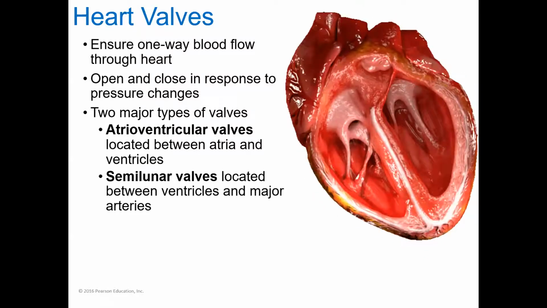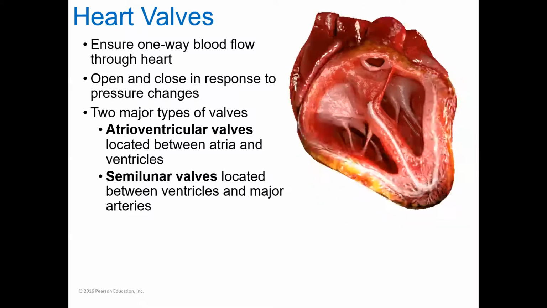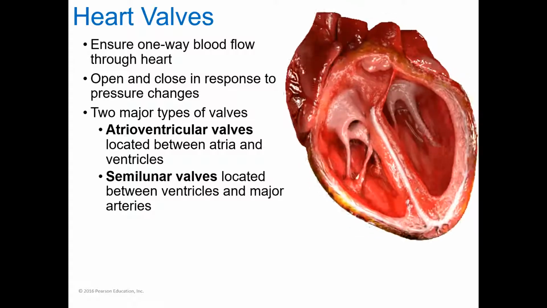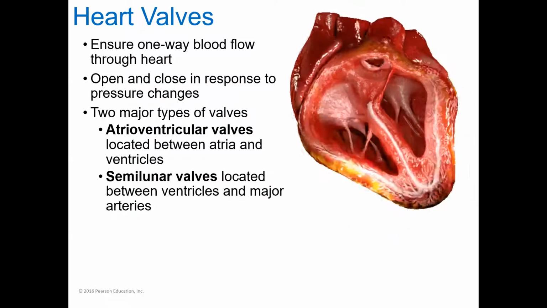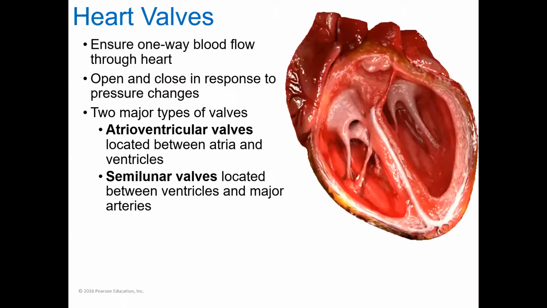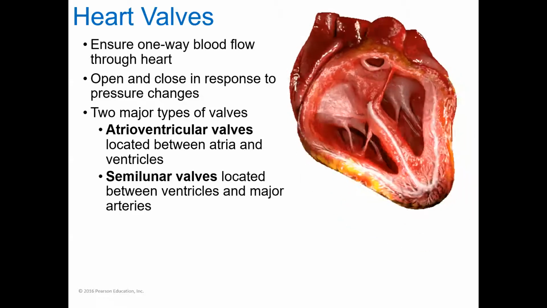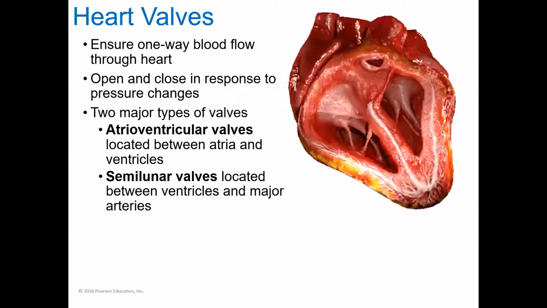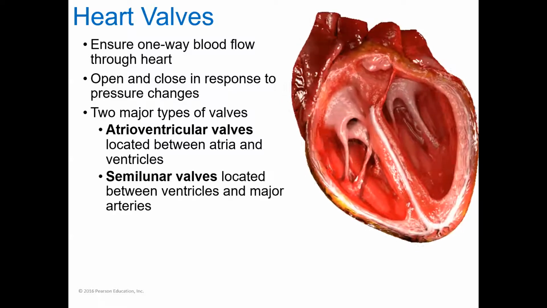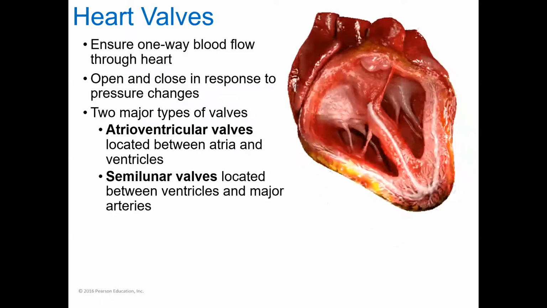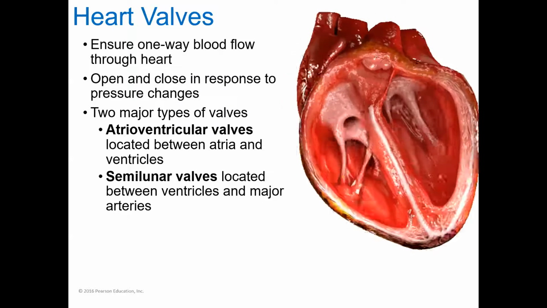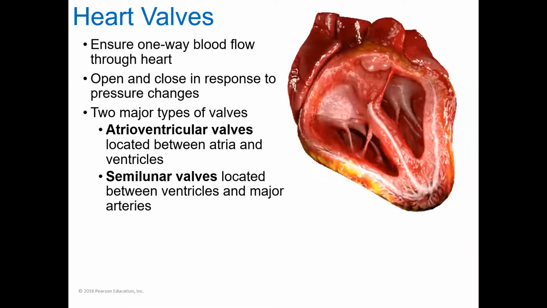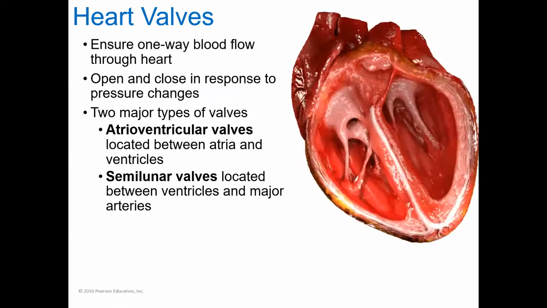You can't see the aortic semilunar, but the aortic semilunar is on the left-hand side of the heart, tucked up just about the same location as the pulmonary semilunar, but underneath it.